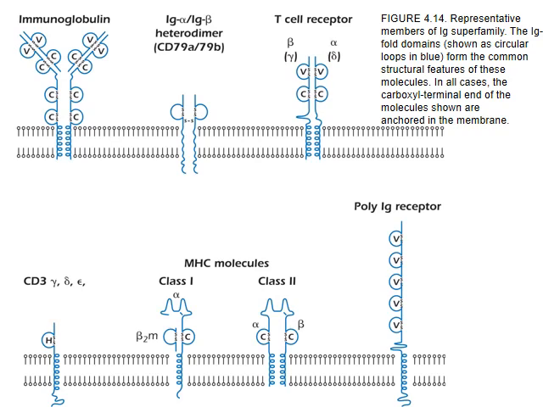If I were to ask a question, which of the following is not a part of the super Ig family, or which of the following is a part of the super Ig family, I would put immunoglobulin, T cell receptor, B cell receptor, MHC, or poly Ig receptor. Does anybody remember where the poly Ig receptor was present? I just said a second ago.